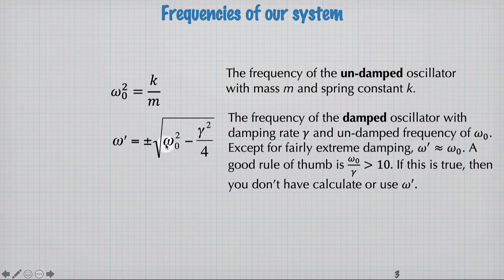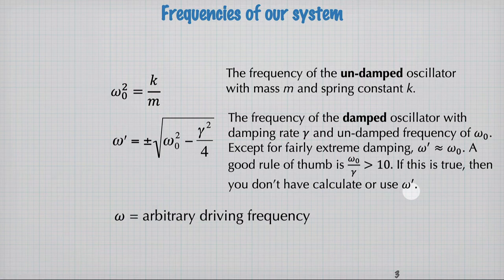That would make omega naught squared about a factor of 400 bigger than the gamma squared term here, and so this damping kind of goes away, and omega dashed and omega naught are about the same. Then you can simplify things and not have to bother about omega dashed at all. Just assume it's omega naught. That's okay. The third frequency we have is the driving frequency omega. This is the applied force that we drive our system with.